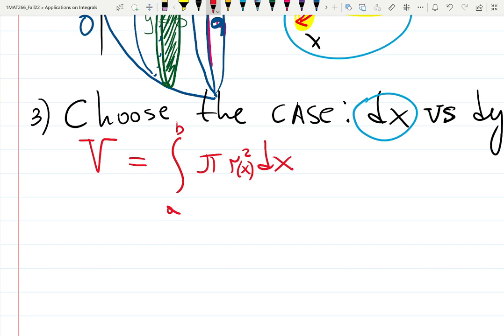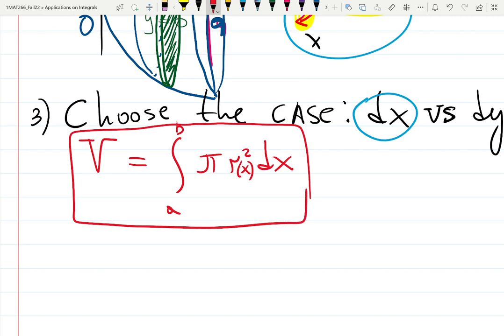You know the formula. Now you just need to figure out how to build this integral and then actually integrate it. But do you understand how we chose the formula? We have pi r of x squared dx, or pi r of y squared dy. So we chose it based on the logic I just explained.